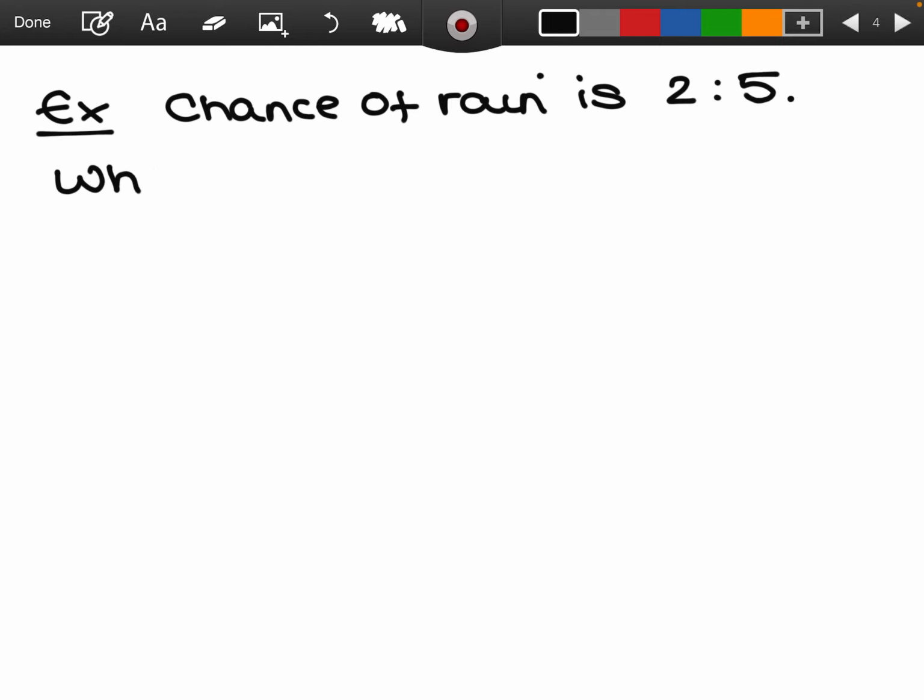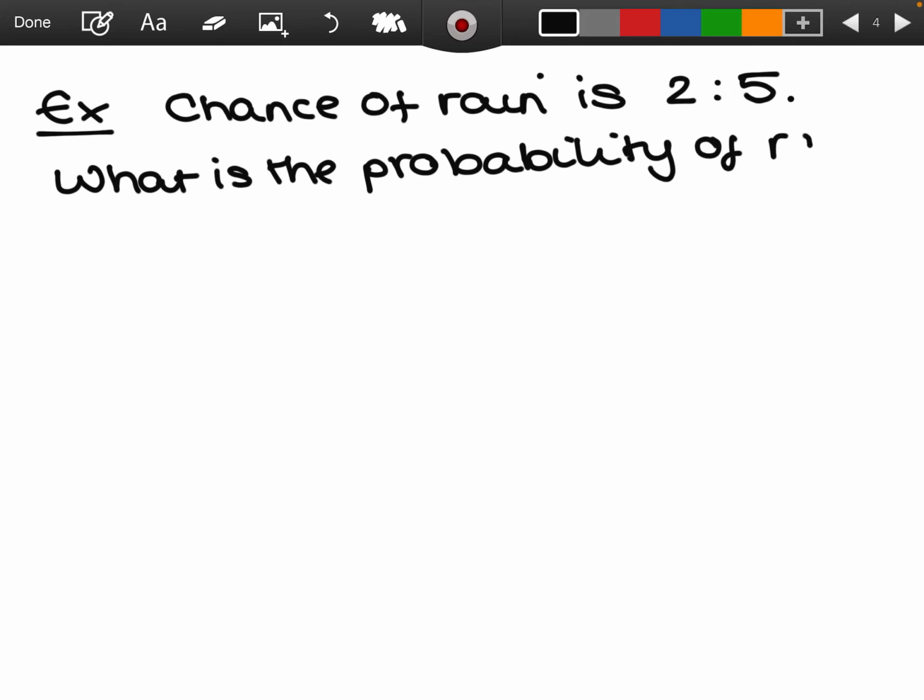What's the probability of it raining today? Okay. So the probability of rain would be, it said that the odds in favour of it raining today are 2 to 5.